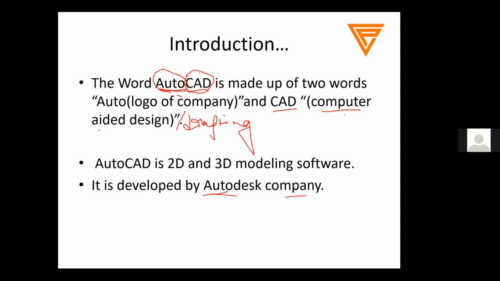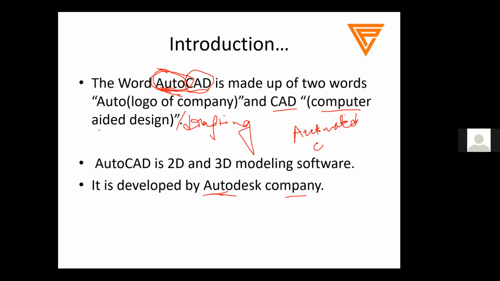Many people say that the full form of AutoCAD is automated computer aided designing or drafting, and that Auto stands for automated, but this is not true. The true thing is that the software is developed by Autodesk. That's why there is Auto in the name of AutoCAD.